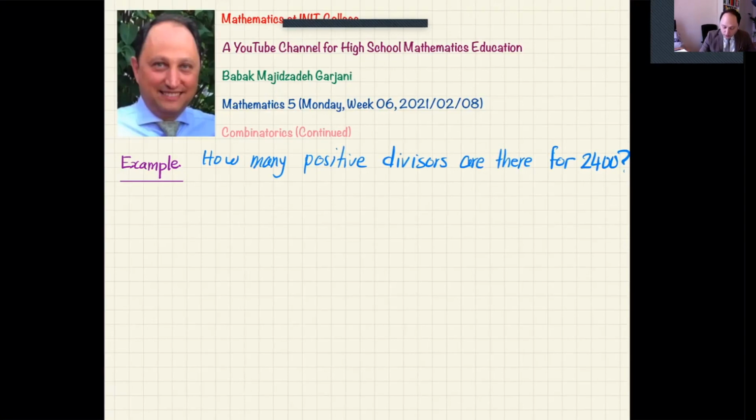Of course, one way to do that is to write the numbers by which 2,400 is divisible, and then count them. For example, it's clear that 2,400 is divisible by 1. So 1 is one of the divisors, 2 is one of the divisors, 3 is one of the divisors. But I want to find a systematic way to count the number of positive divisors.